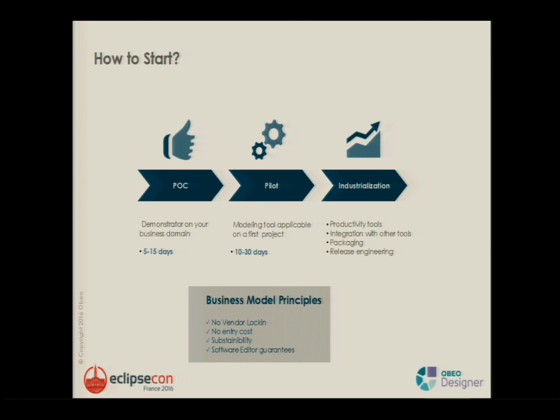Our feedback is that in around 5 to 15 days we really succeed in producing something credible enough to go to a real project with real use on a real operational project. And after this, we try to do all the installations. For example, we do RCPTT testing for visual and automatic testing, and packaging with Tycho.